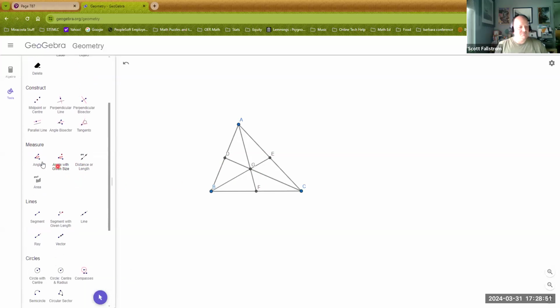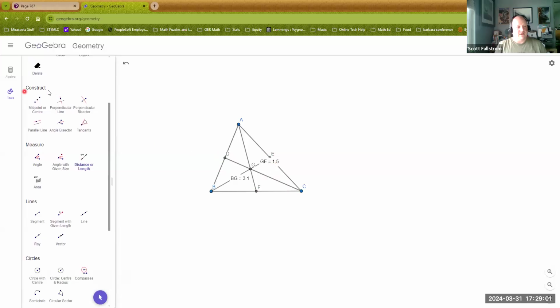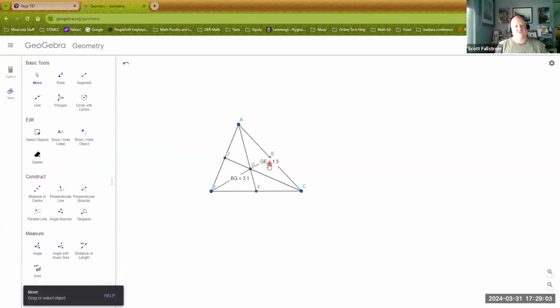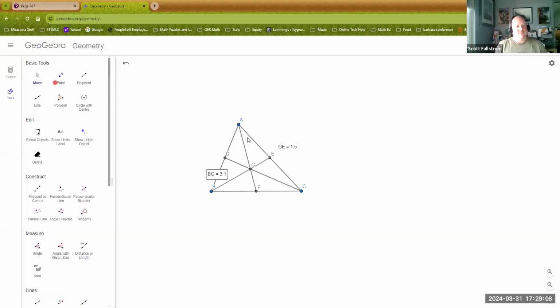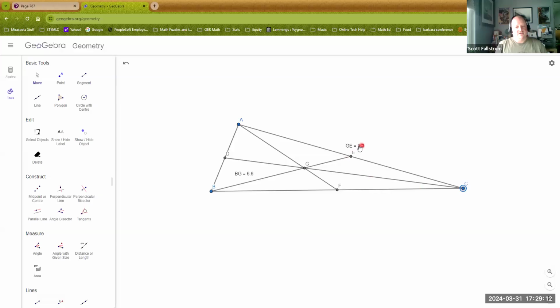And then we'll come down here and we'll just measure. What is this distance from B to G? Oh, it's 3.1. Got it. And from G to E is 1.5. Again, I could add a little bit more in terms of accuracy on the decimals, but basically I want you to see that no matter where I move these two, the short side is always going to be half, if you will, of the long side, or the long side will always be double the short side.